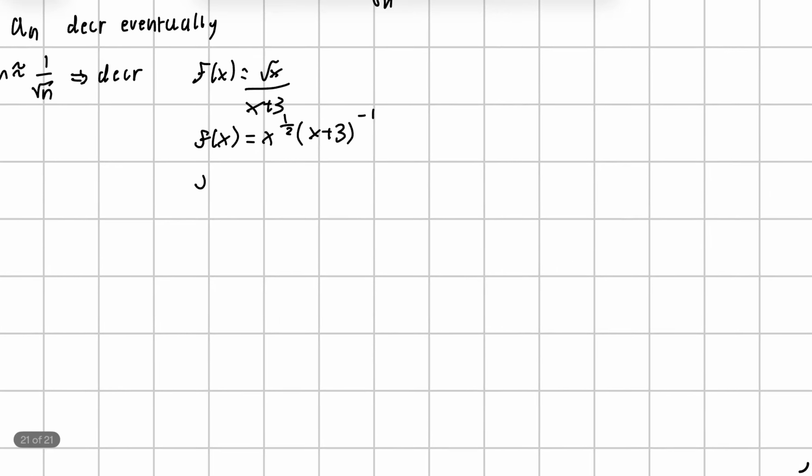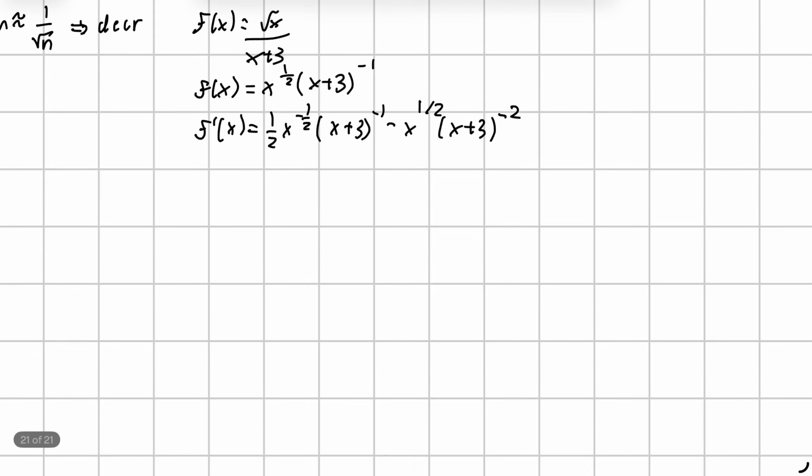So the derivative is 1/2 x to the negative 1/2 times (x plus 3) to the negative 1, minus x to the 1/2 times (x plus 3) to the negative 2. If we factor this, the first derivative is equal to 1 over the root of x times (x plus 3) squared, times (x plus 3) all divided by 2, minus x.